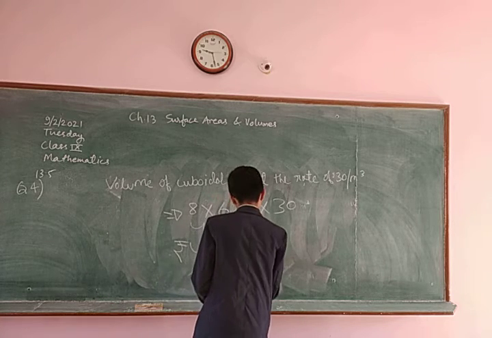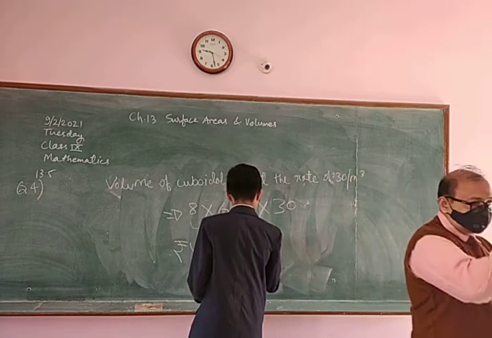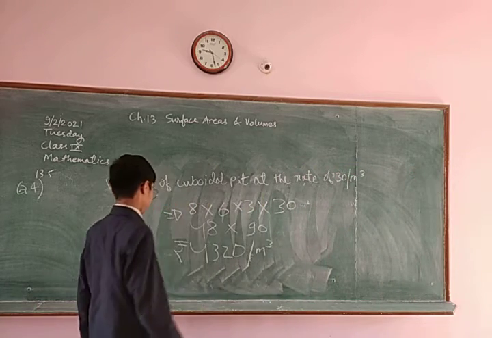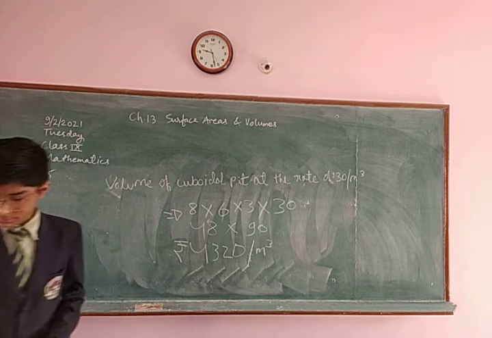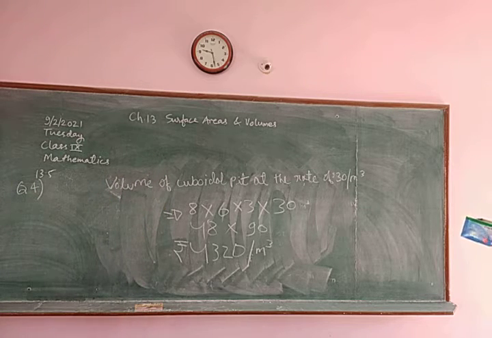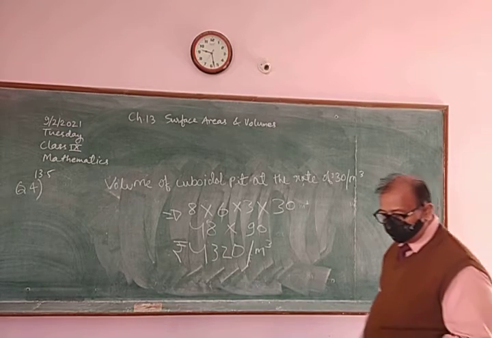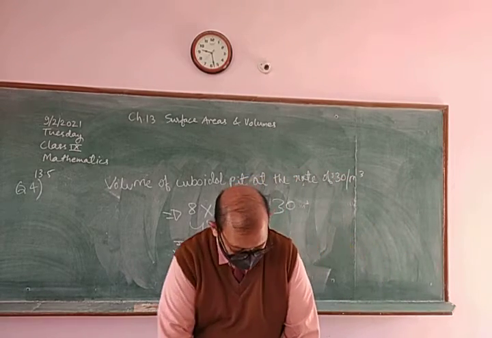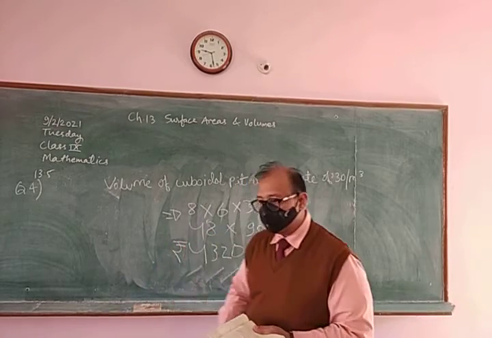Cuboidal pit. Cuboidal pit means a ditch. The length, the width, and height is given. And we have to find the cost.